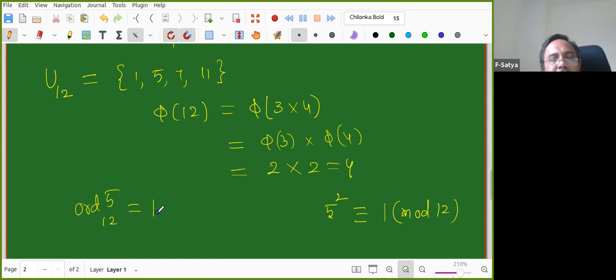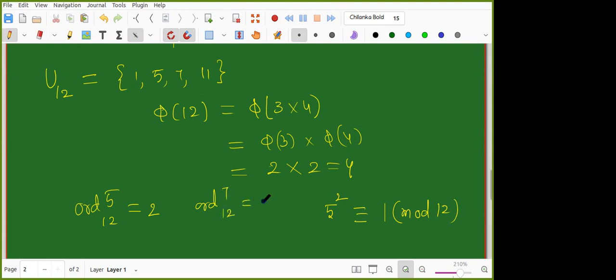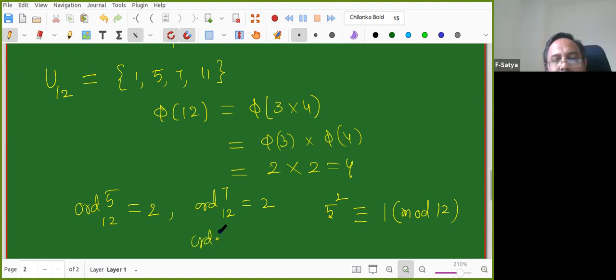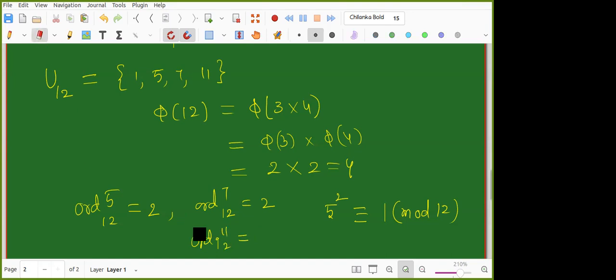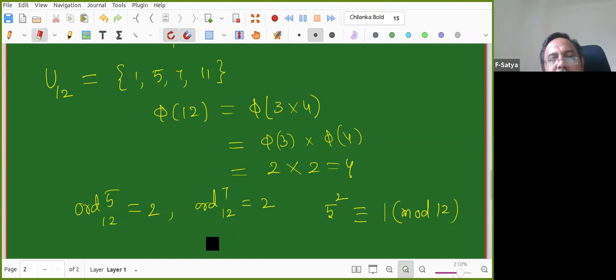So the order of 5 is 2. What about the order of 7 modulo 12? Again 2. Very good. What is the order of 11 modulo 12? Again 2.